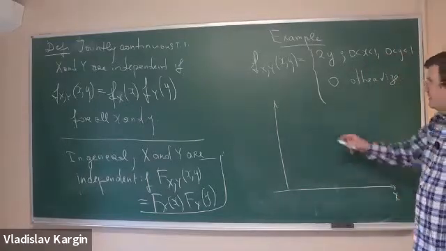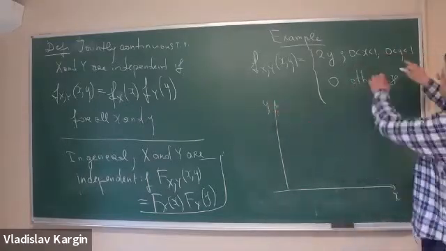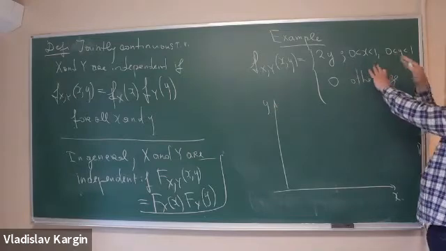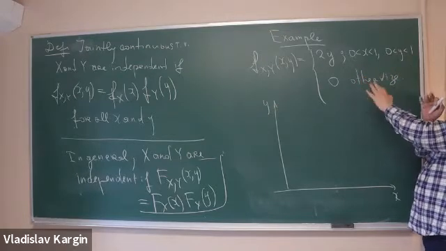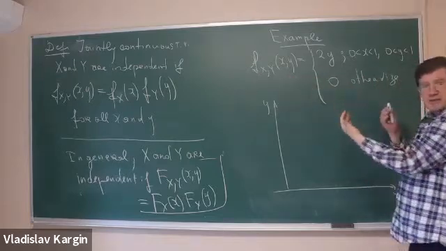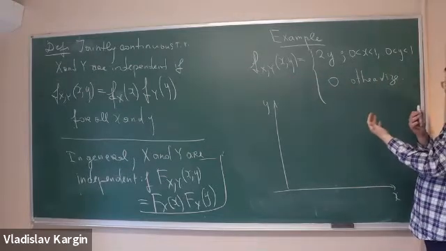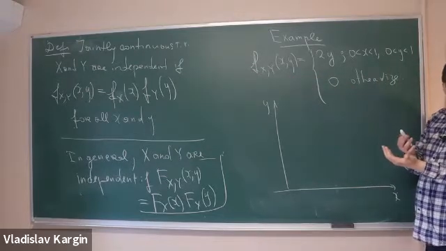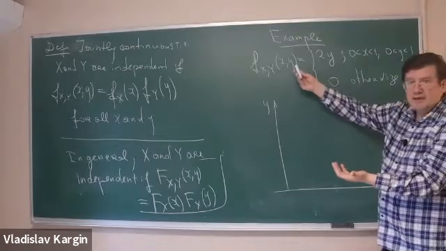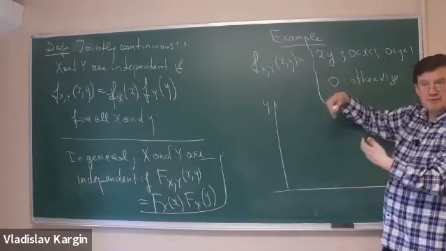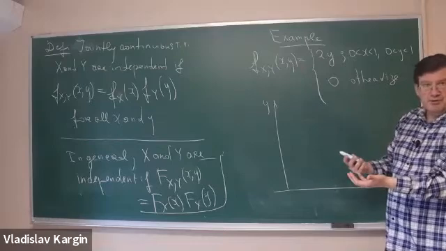So x, y. Now it's important to look at the support of the random variable and the support of this density, the support of the joint density. The support of a function is just the set of the arguments where this function is not 0.